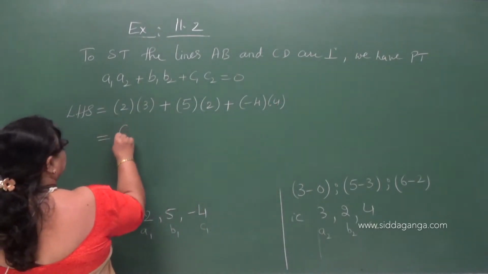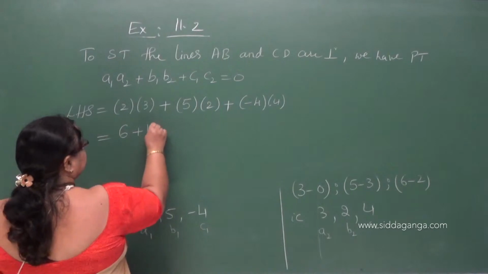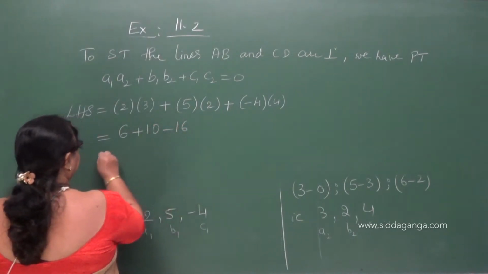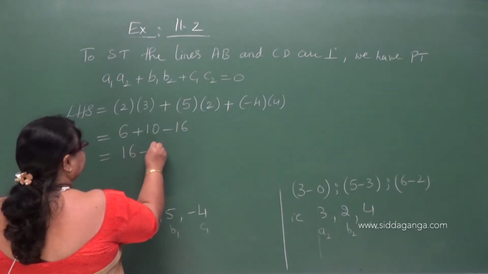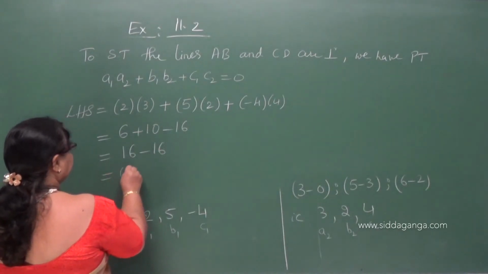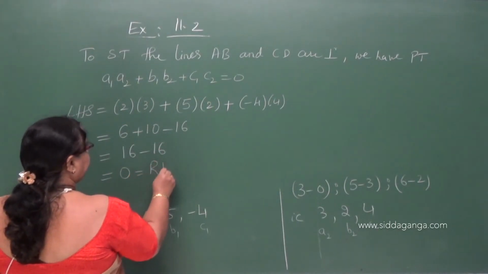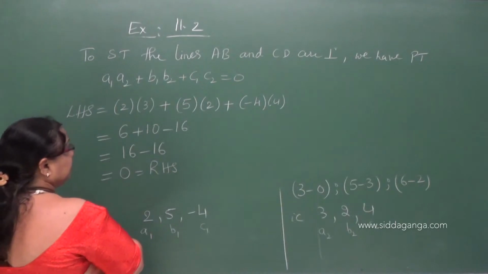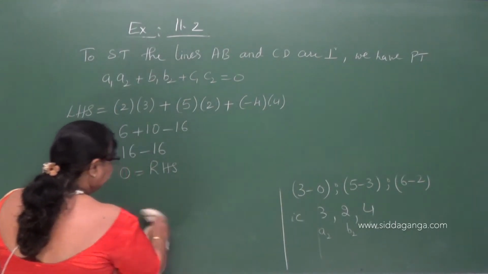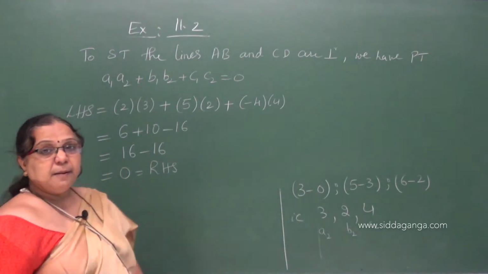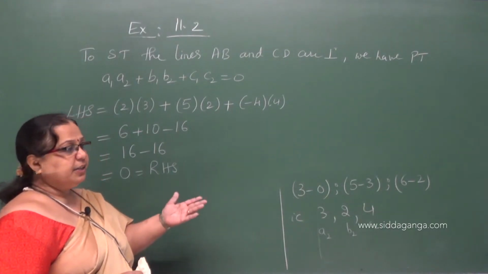That is equal to 6 plus 10 minus 16, that is 16 minus 16 equal to 0. We got the RHS.